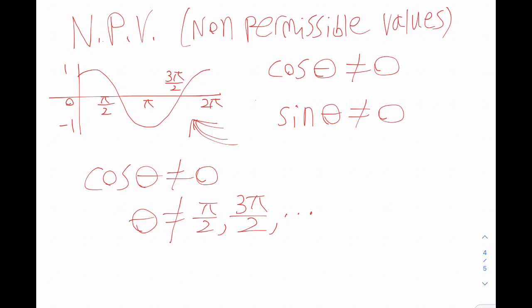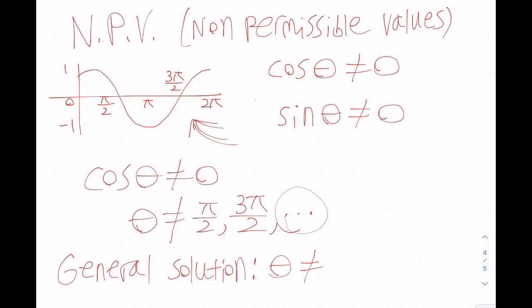So how can we write a general solution for this, because it goes on forever? Well, a general solution will be theta cannot equal pi over 2, which is our first term in the sequence, plus n pi, where n is part of the integer system.